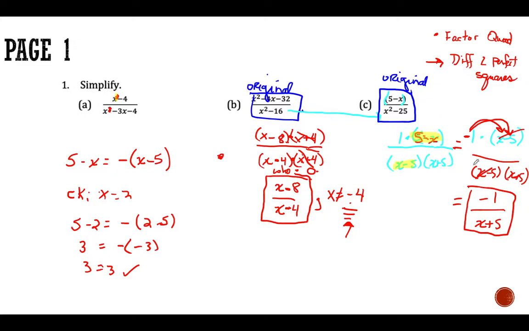Blue box or red box, but you have to come clean and say, by the way, fine print, x can't be what? Right, go back and see who did I cancel out. X minus 5. What makes this 0?